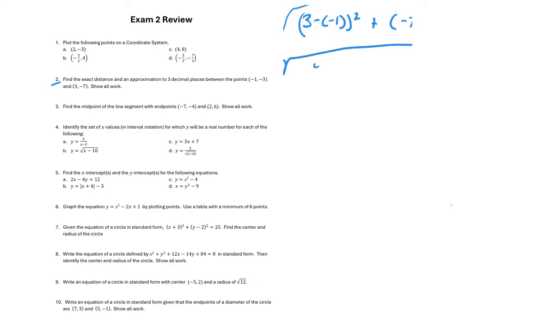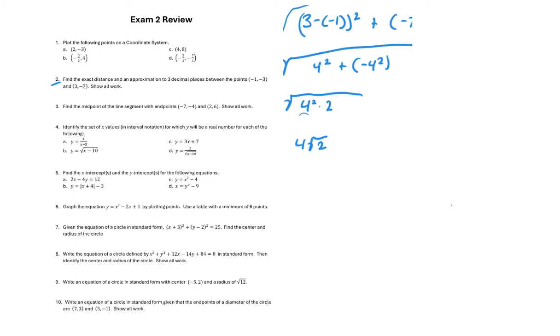So that's going to be 4 squared plus -4 squared. So we're going to get 4 squared times 2. With that square, we can pull that out, so you get 4 square root 2.